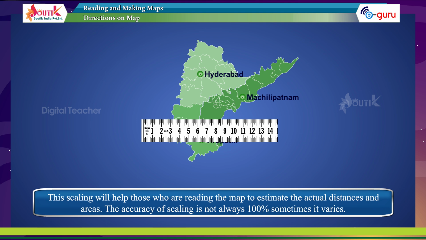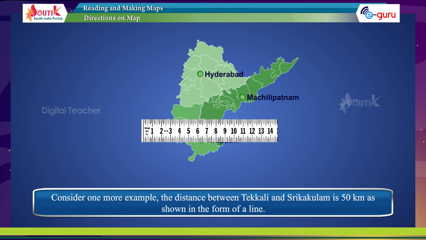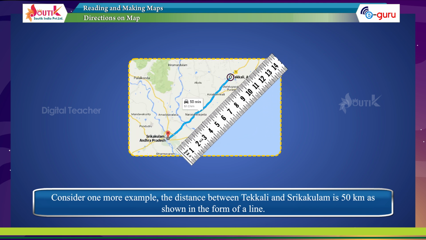The accuracy of scaling is not always 100%. Sometimes it varies. Consider one more example. The distance between Tikali and Srikakulam is 50 kilometers, as shown in the form of a line.